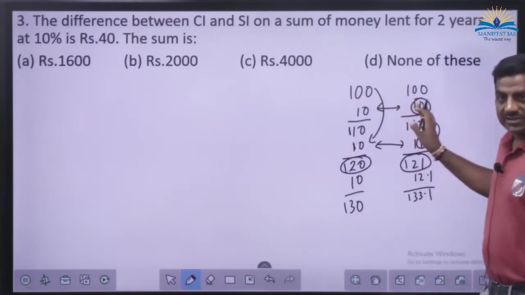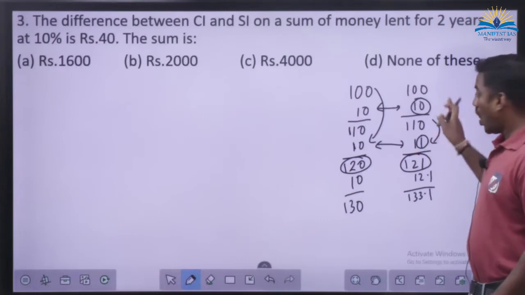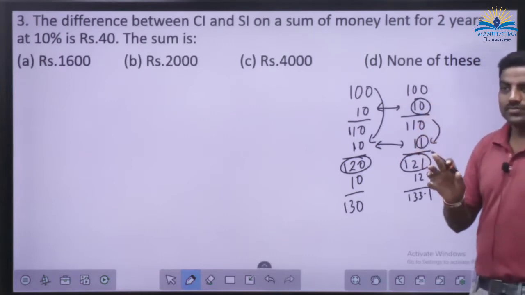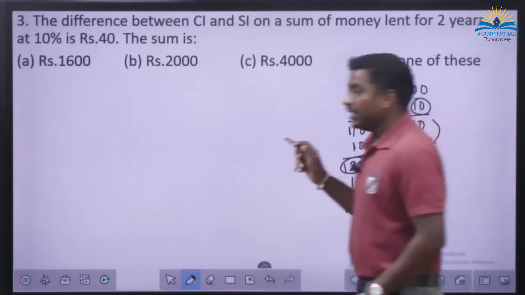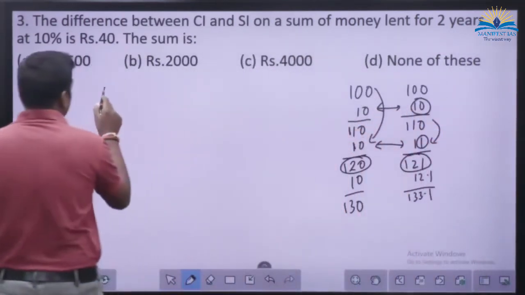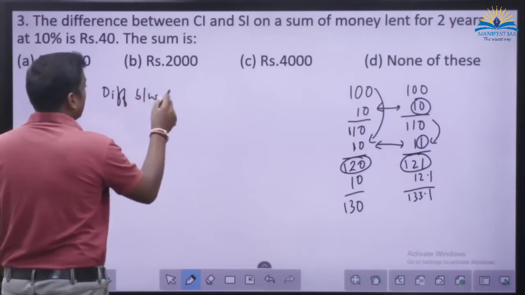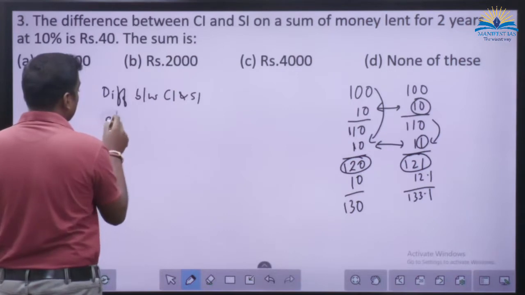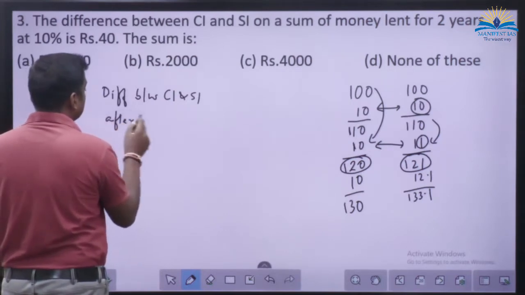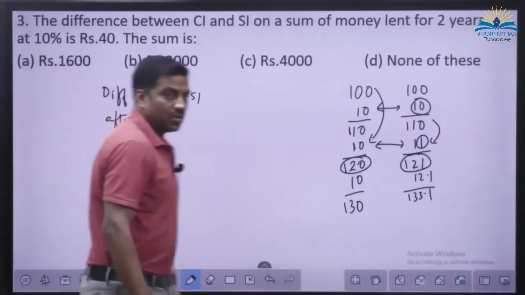The whole difference is the calculation of interest on the interest. We are taking the interest on interest. That is why this difference between compound interest and simple interest after 2 years, the first year it is not going to come.